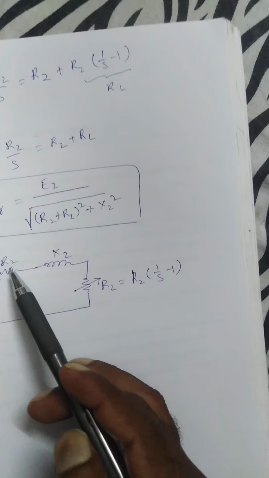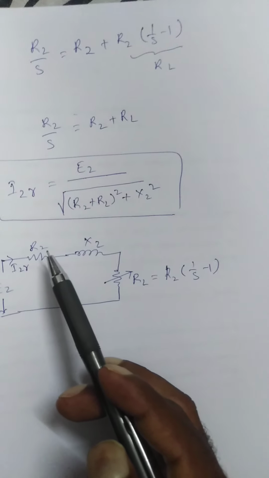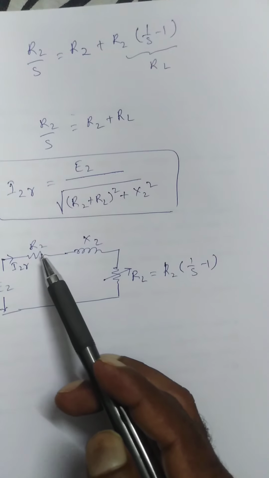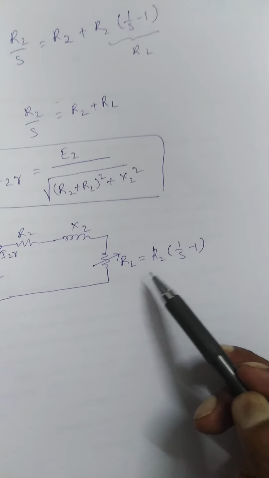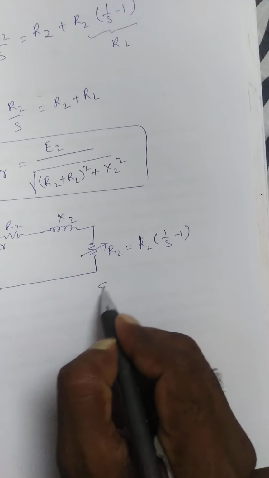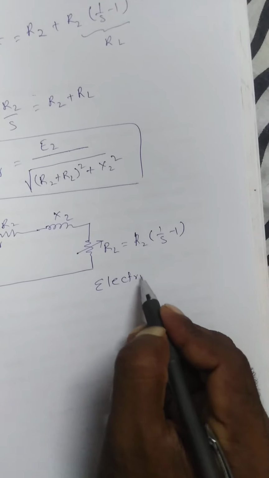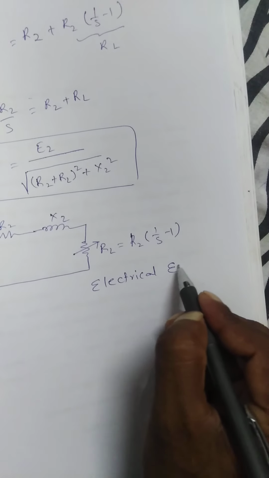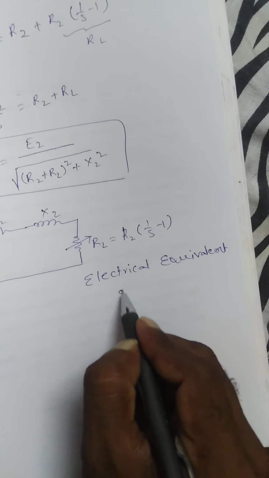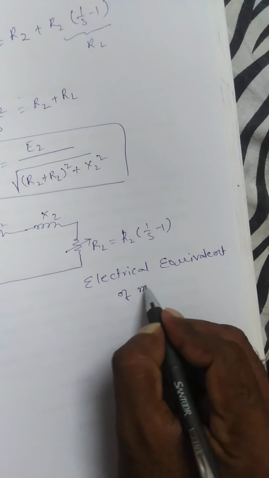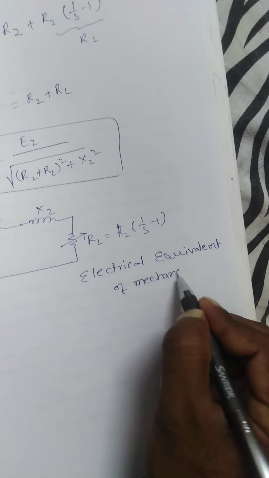The rotor parameters are rotor resistance R2 and RL, which is the electrical equivalent of mechanical load. It is very important.